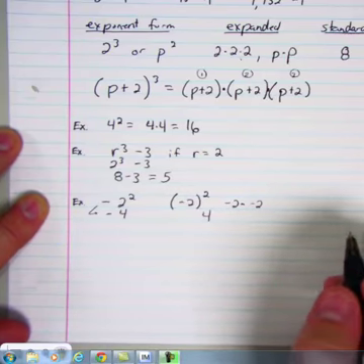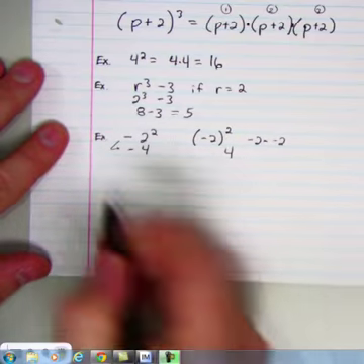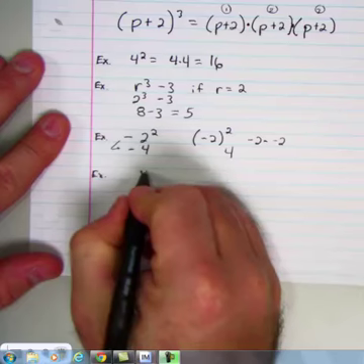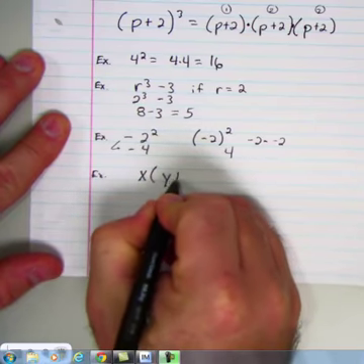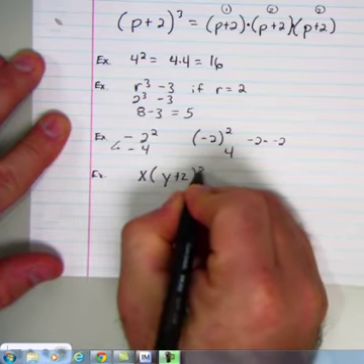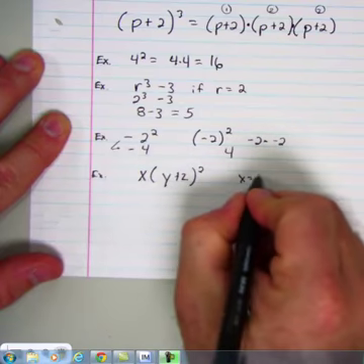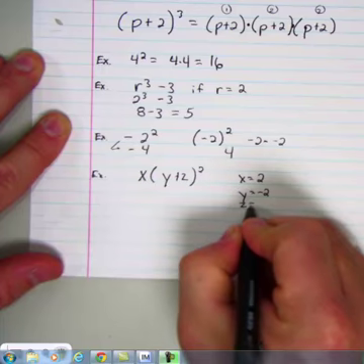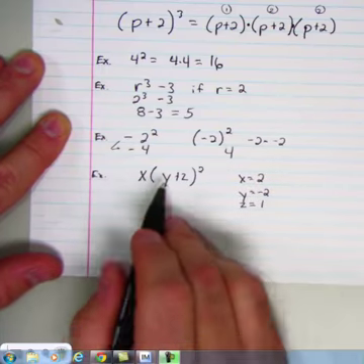Very last example. If I have something like x times the quantity y plus z, squared, when x equals 2, y equals negative 2, and z equals 1. We still have to plug these numbers in.